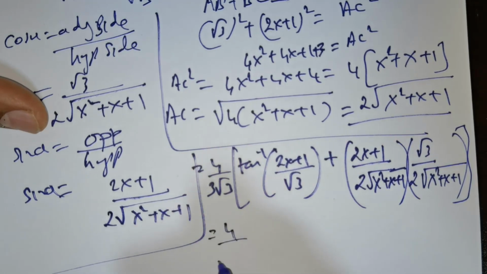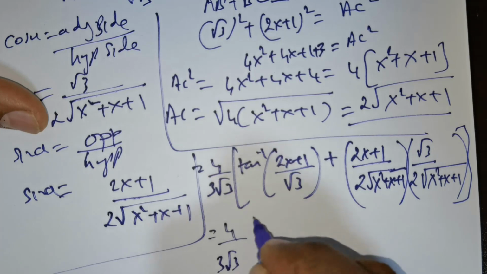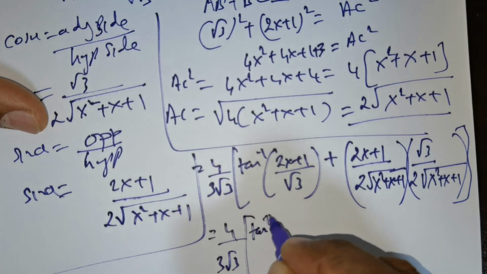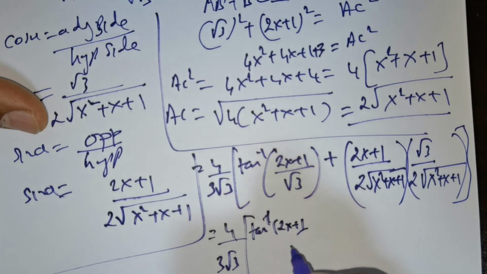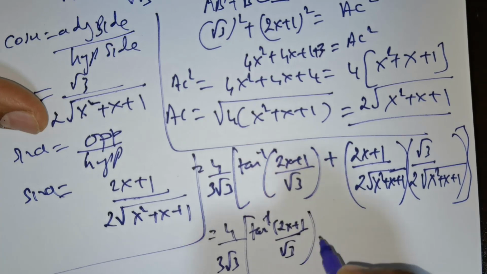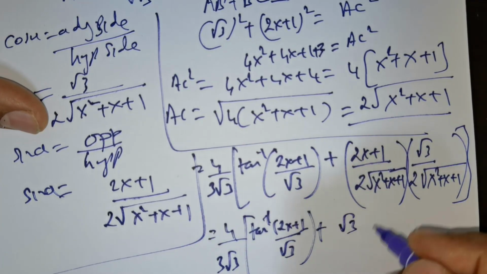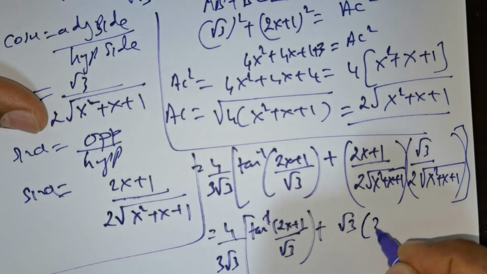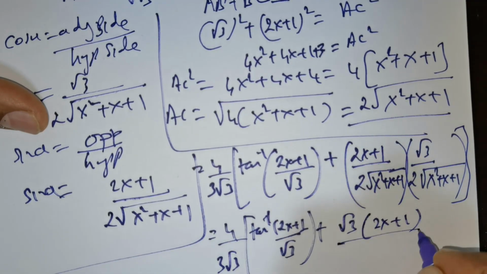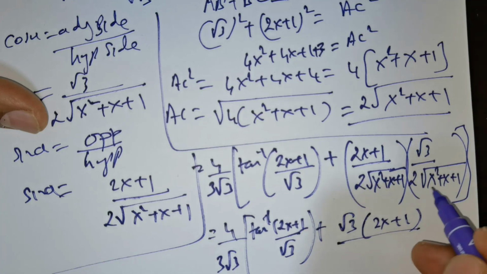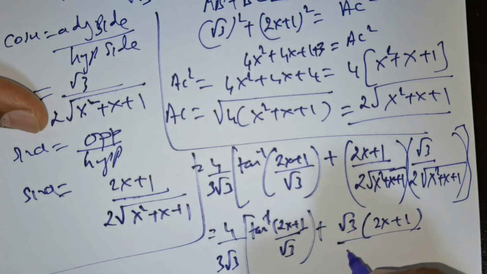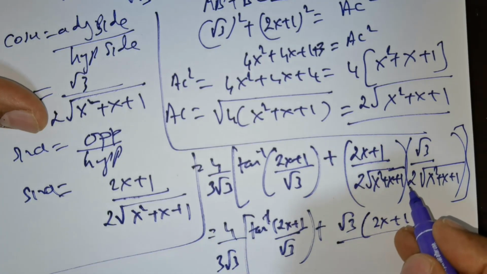So you got 4 over 3 times root of 3 times tan inverse of (2x + 1) divided by root of 3, plus root of 3 times (2x + 1) divided by, this is going to be 2 into 2.